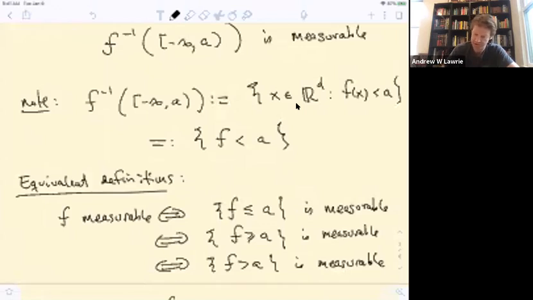So a simple function, these are measurable sets. I should require them to each have finite measure. So each E_j is a measurable subset of R, and let me add on each with finite measure. So I like to think of my simple function as being built on blocks of functions with finite measure.